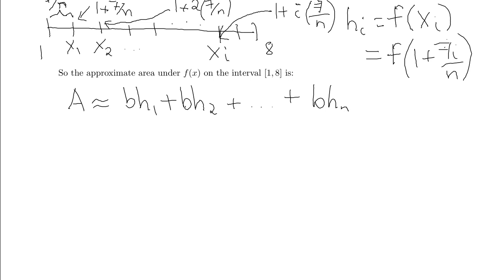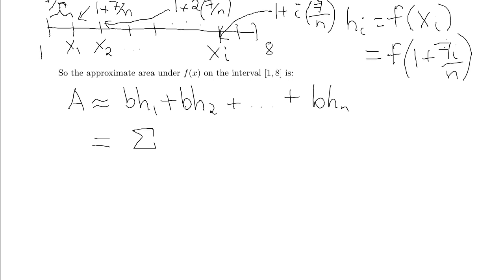And so what we see here is that we have the sum of n things. And so we can use the sigma notation to just condense it a little bit more. So this is going to be the sum, and we have to try to figure out how to index this. So what we see here is that these h's are the only things that are changing, right? The base length of our rectangles is the same for every single rectangle, so it doesn't change.